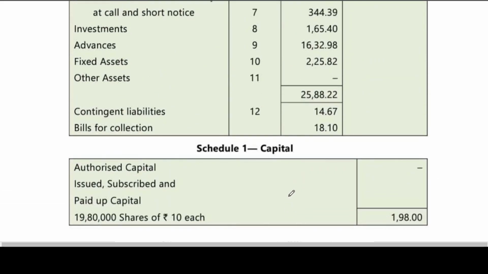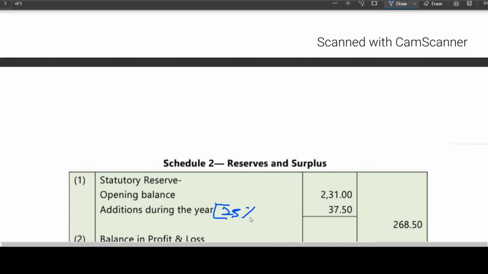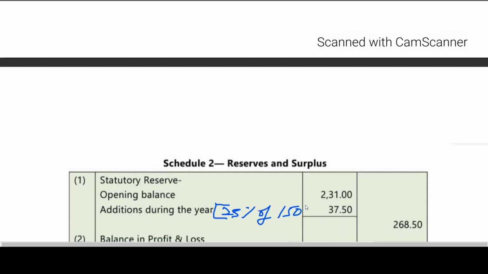Solution. In the problem itself he has given 1 crore 98 lakhs. Since we are avoiding the zeros, thousands, it is 1,98.00. It is paid up capital, no issue. Statutory reserve is the opening balance plus addition during the year. The 37.5 we have calculated: 25% of 150, that is the current year profit.